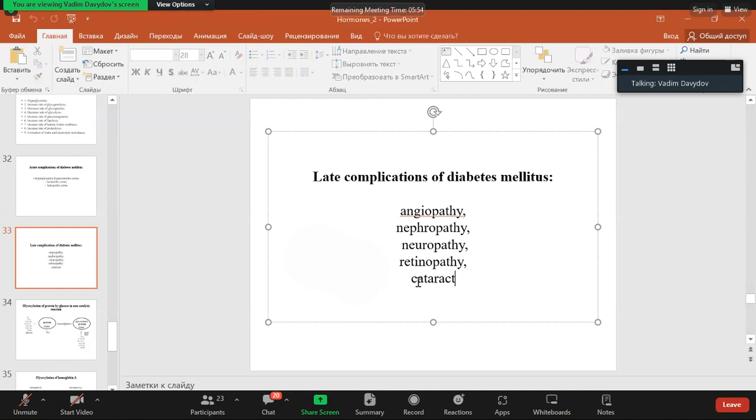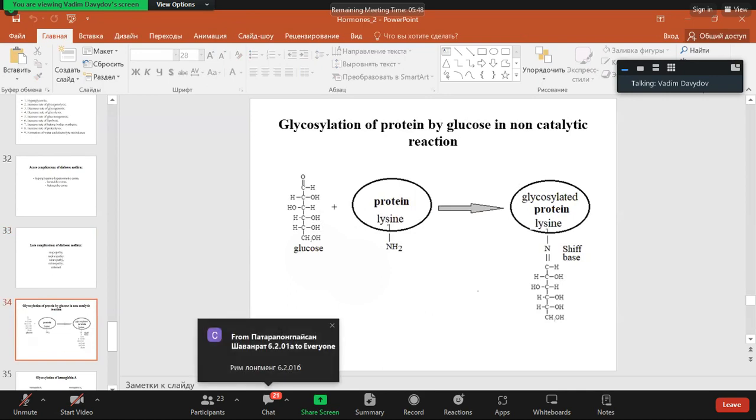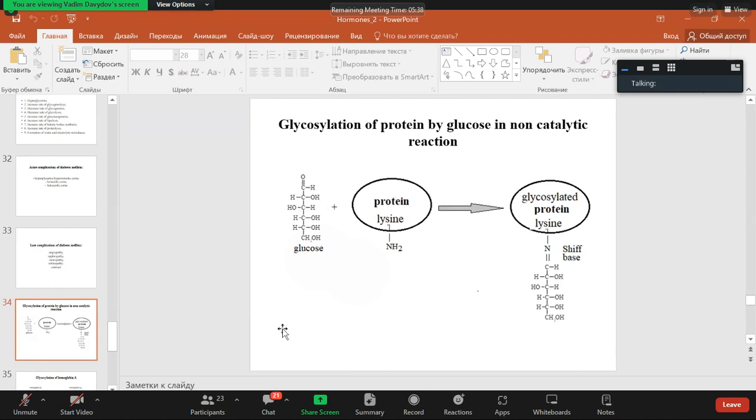So increasing concentration of glucose, hyperglycemia, brings about a specific non-catalytic pathway of utilization of glucose. This pathway is coupled with interaction of glucose with protein preferentially. A protein molecule, the polypeptide chain of protein, contains in its structure different amino acids.